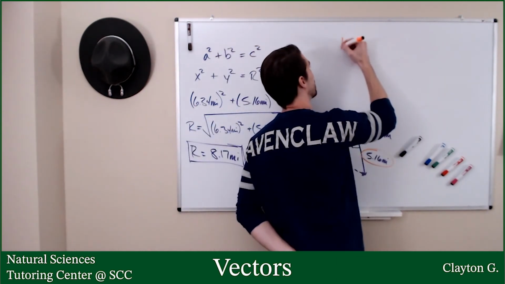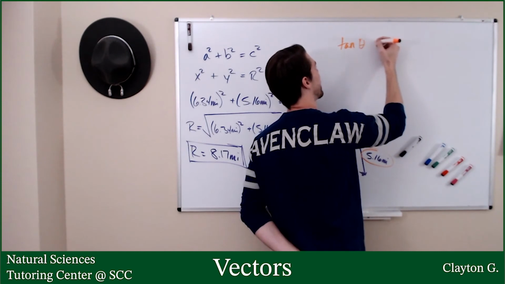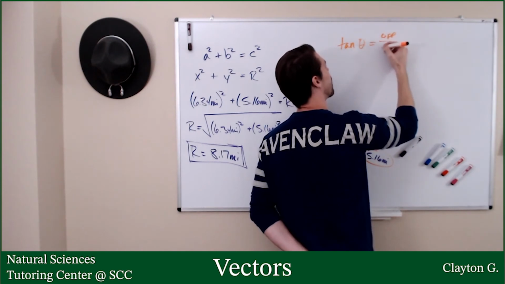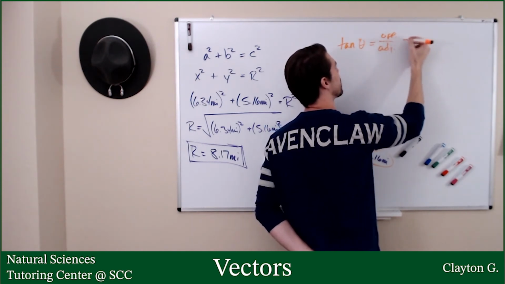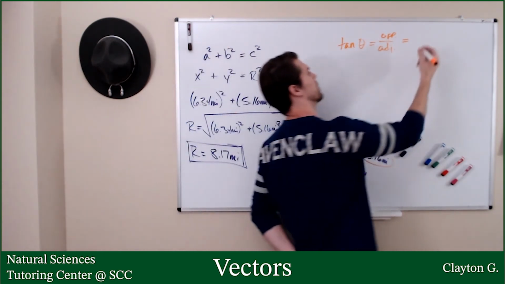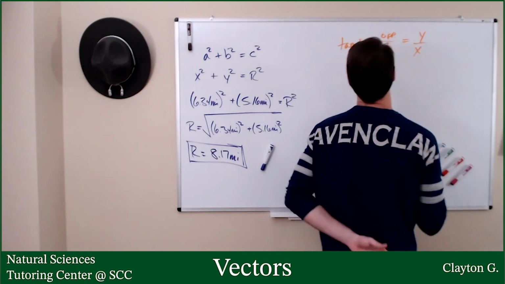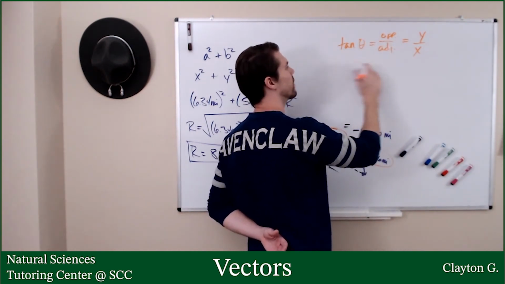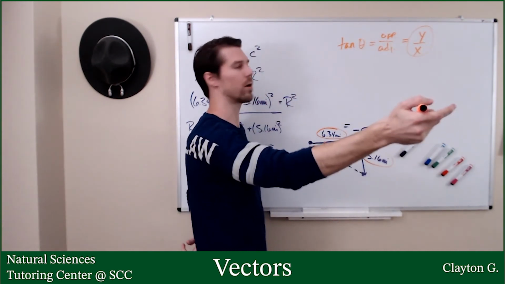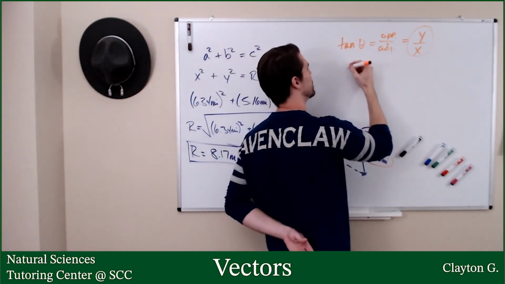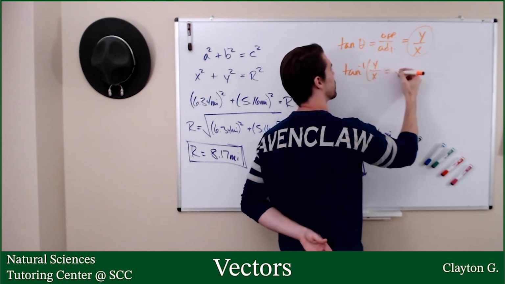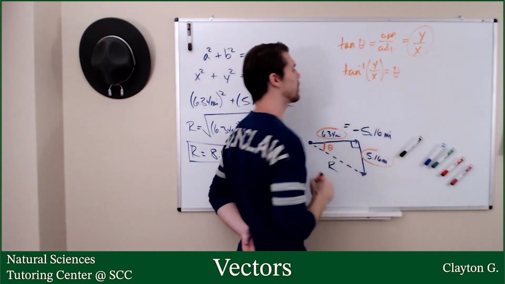So I can say tangent of theta equals opposite over adjacent, which equals, in this case, this is y, that is x. So we will say y over x. However, we're not solving for this relationship. We already know it. It's 5.16 over 6.34. I want theta. So I'm going to use inverse tangent. Inverse tangent of y over x equals theta.